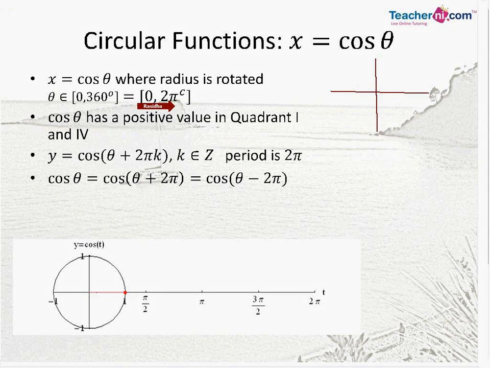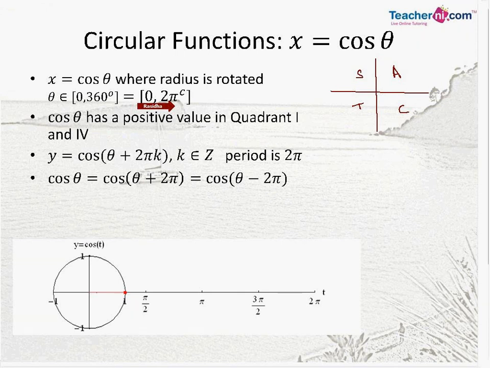In the first quadrant, all the trigonometric ratios are positive. In the fourth, cosine is positive. So cosine is positive in the first and fourth.